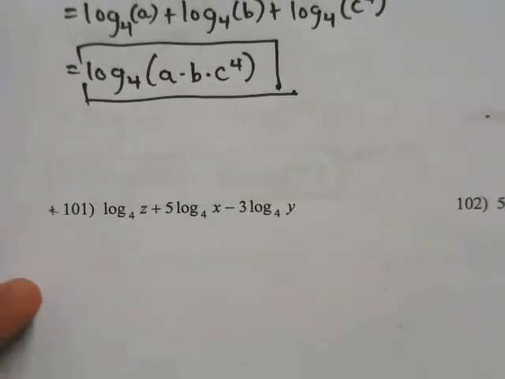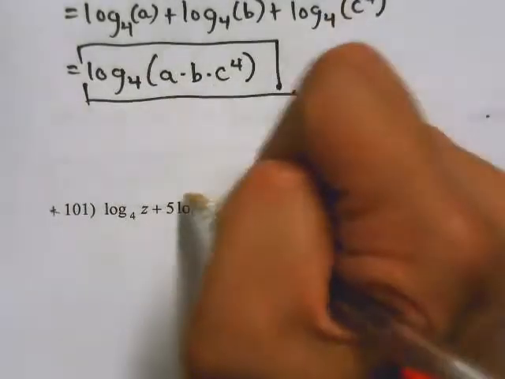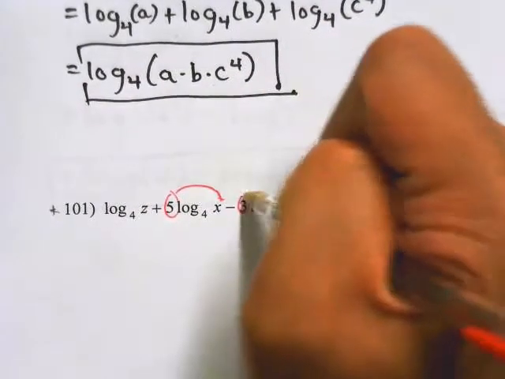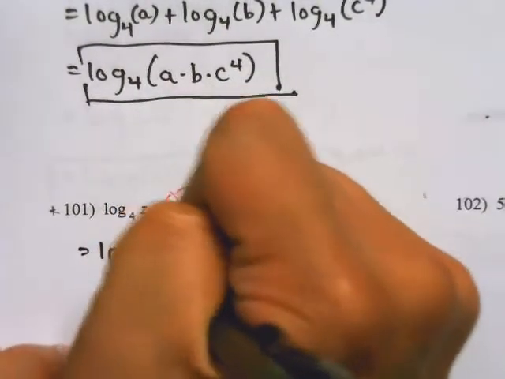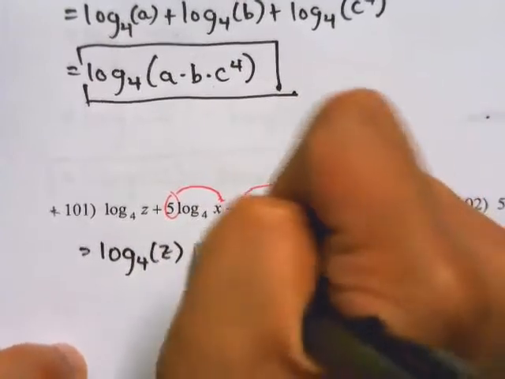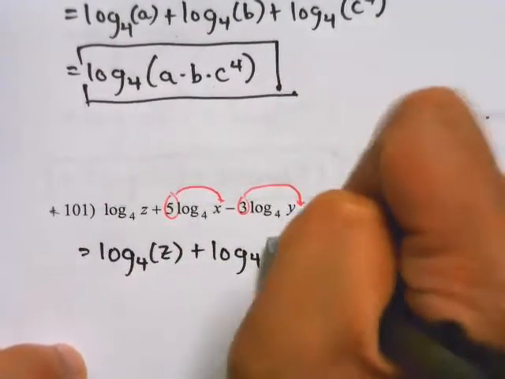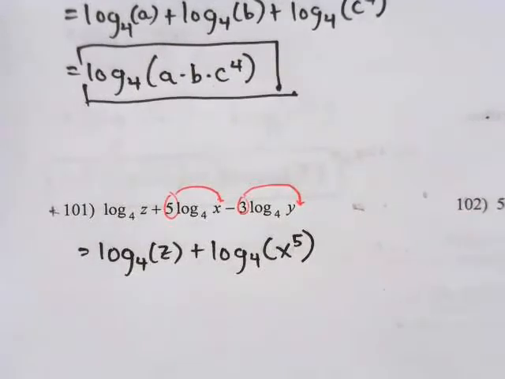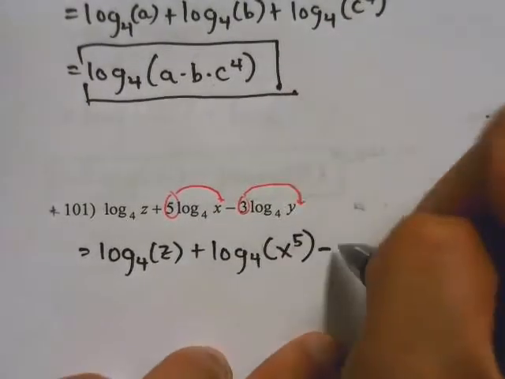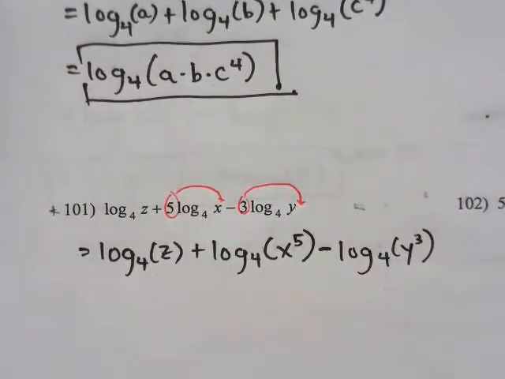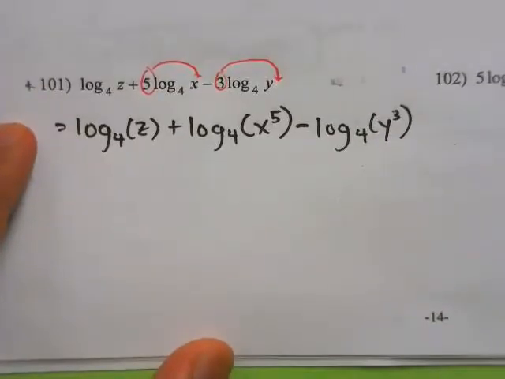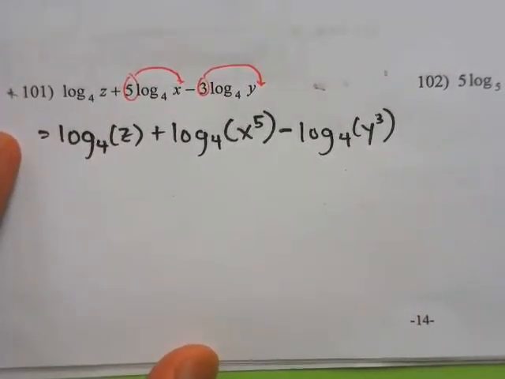101. Okay. 101. Let's see. Well, I think I want to put the 5 and the 3 respectively in their respective exponential placements. So log of z base 4 plus log of x to the 5th power base 4 minus log y to the 3rd power. Okay, we have a combo now. We have a combination. So we're probably going to have one multiplication and one division.